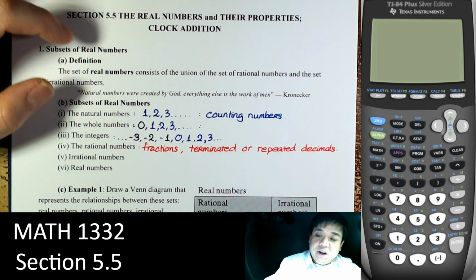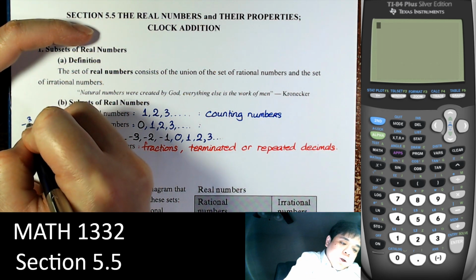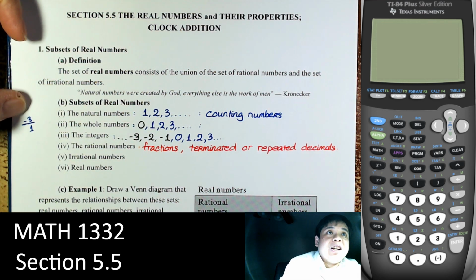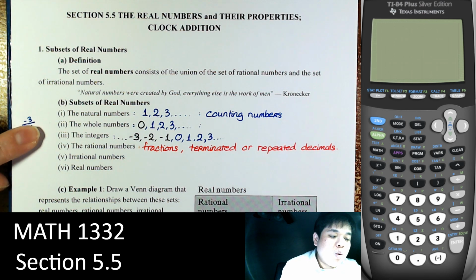Of course, if we want a fraction, we can write negative 3 over 1. So that is a fraction or ratio. So we can say that is a rational number, even though it is also an integer.